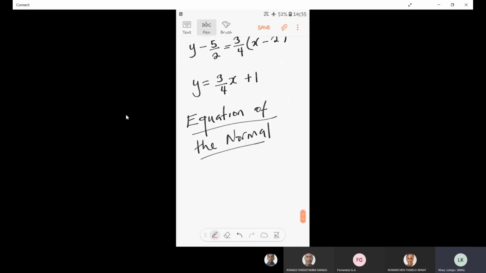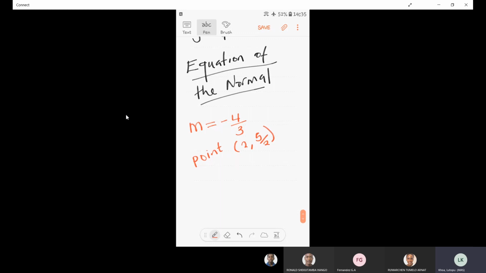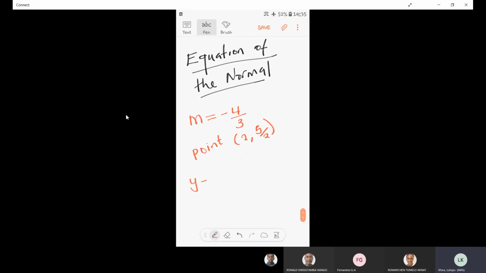So here my gradient m will be the negative reciprocal of the tangent's gradient. So it's negative 4 over 3. The point is the same because they all pass through the same point. So this is still 2 and 5 over 2. Then I just use the formula y minus y1 is equal to m times x minus x1.